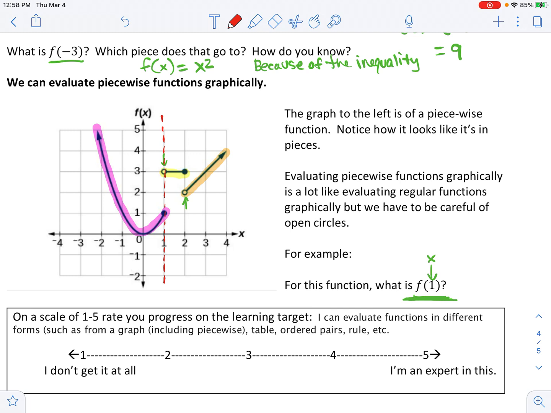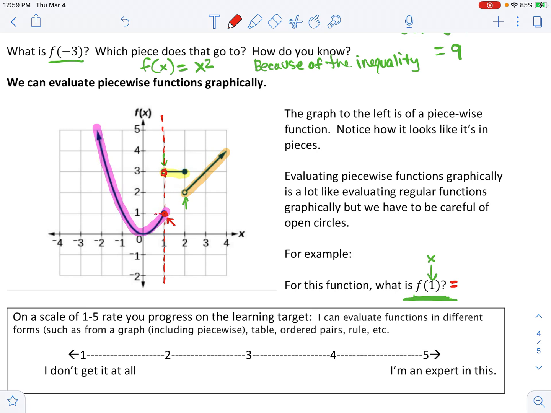But you'll notice that there's 2 points. There's a point that's closed, and there's a point that's open. Remember that the open circle means that there's not actually a point there, right? That point does not exist. So really, it's just the closed circle point that we are going to consider in this case.